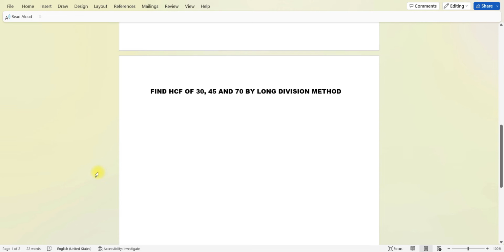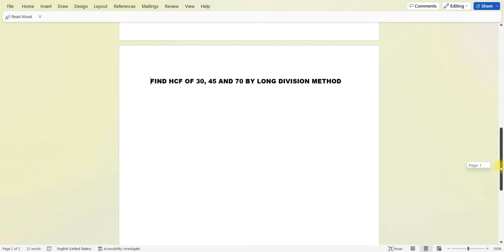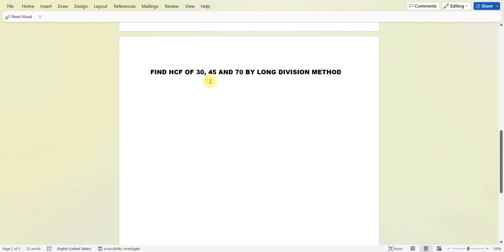I have one more example to find the HCF of 30, 45 and 70 by the long division method. You will consider the first two numbers first. So 45 would be the dividend and you take 30 as the divisor and you find the HCF of the first two numbers.